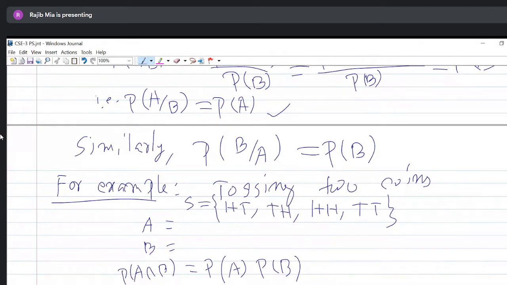Okay, so if we define A as getting only one head, then what is the probability of A? 2/4. 2 by 4, it is half.